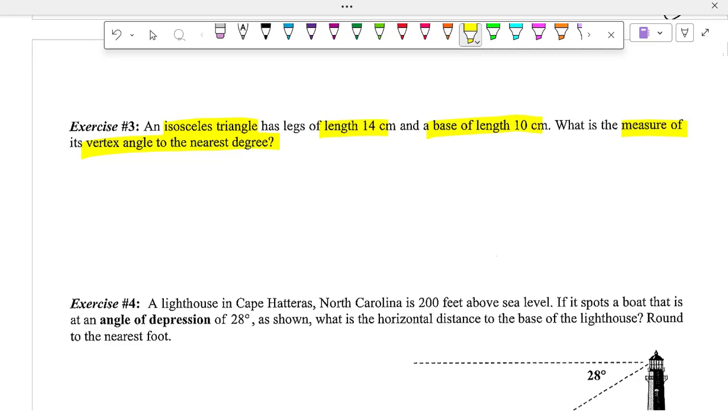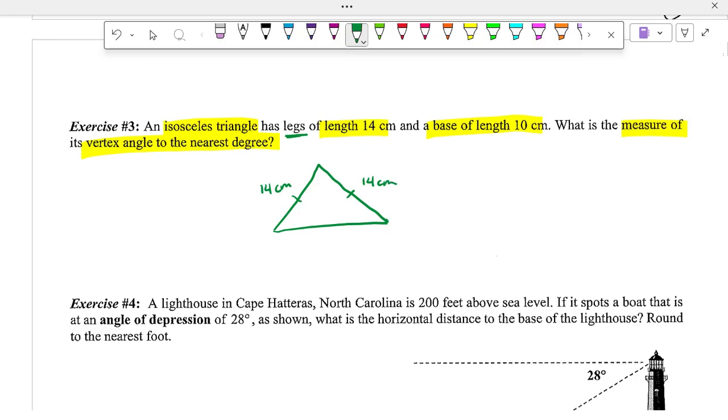Now, this one does not have a picture, but we can draw it. So we have an isosceles triangle, which what's true about an isosceles triangle? Two sides are congruent. Those two congruent sides are known as the legs. So both of these will be 14 centimeters.